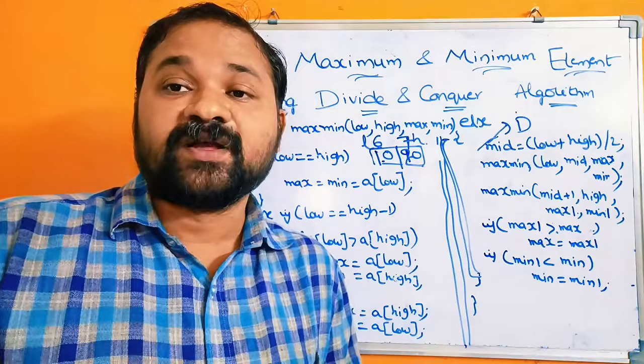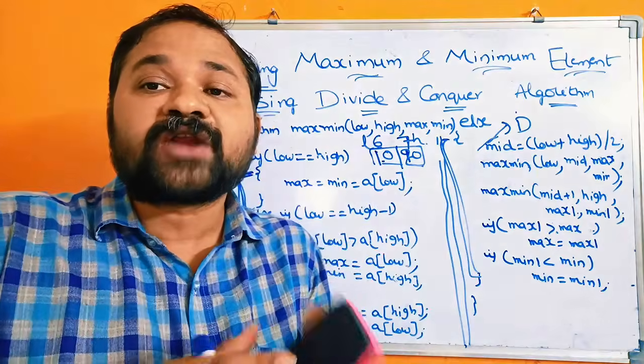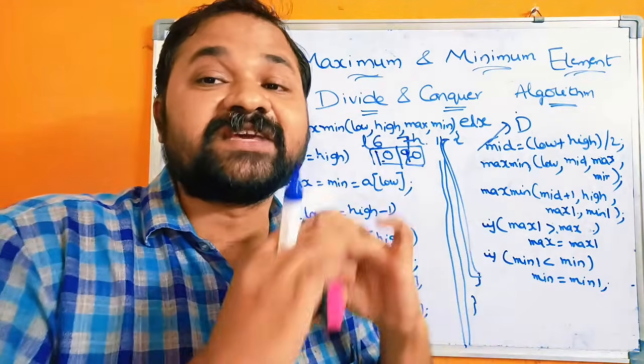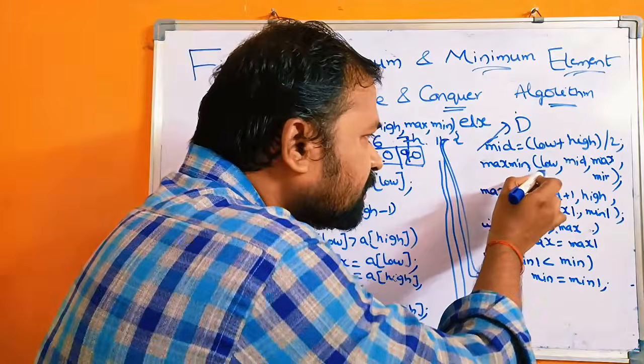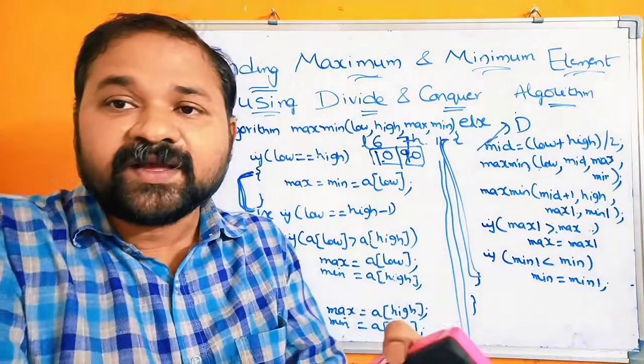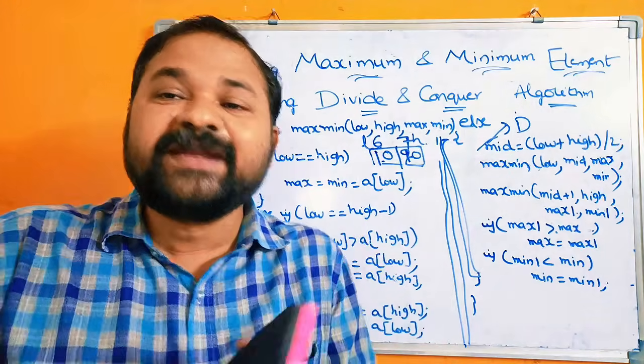Conquer step. Conquer means list 1 as well as list 2 are to be solved recursively. Here list 1 contains the elements which range from low to mid, whereas list 2 contains the elements which range from mid plus 1 to high.